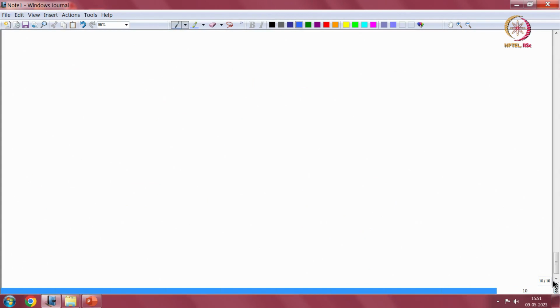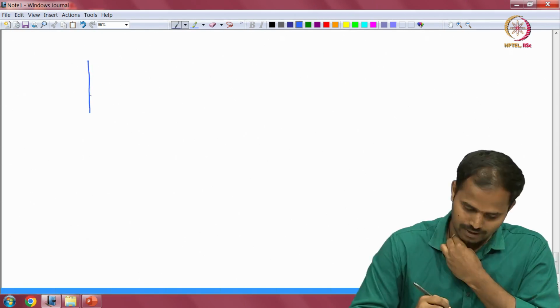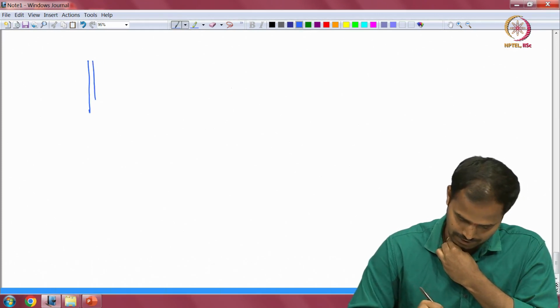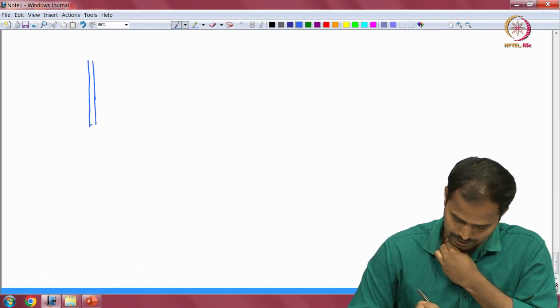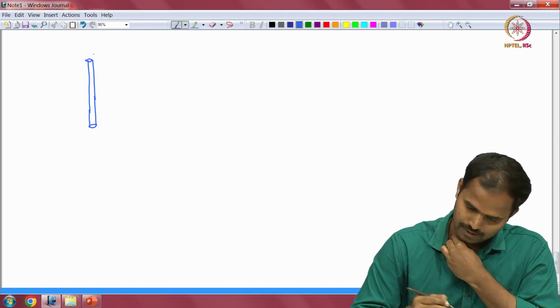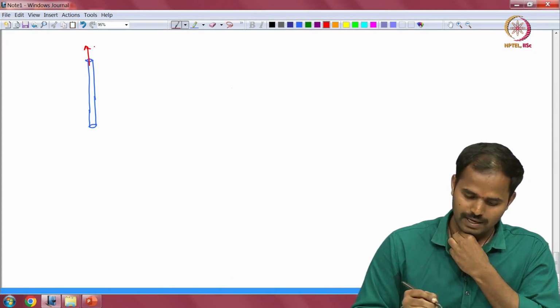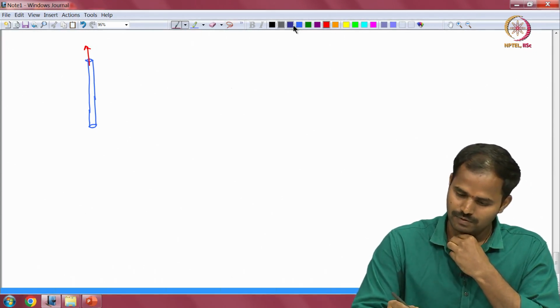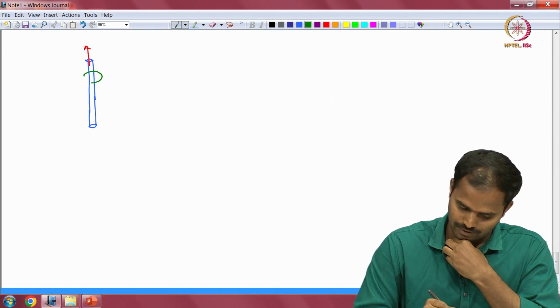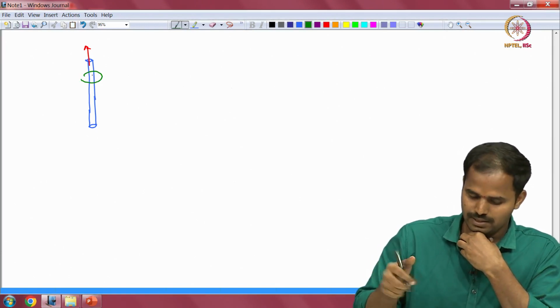After that, Oersted discovered that electric currents produce magnetic fields, right. So, he did the experiment with a current carrying conductor. If I consider a current carrying conductor, this is the conductor and the current is flowing through it in this direction, then as per the thumb rule we can see the magnetic flux lines in this direction.